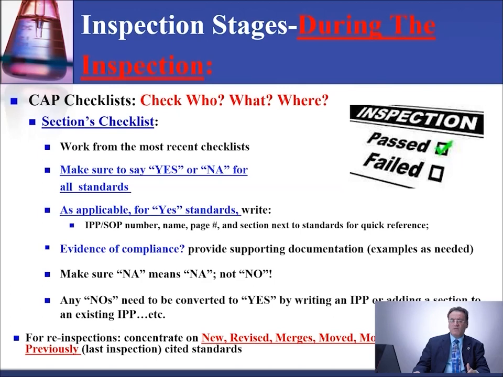Sometimes they move a checklist from like chemistry to the all common or to the lab gen, okay, or from lab gen to all common. So you want to concentrate on new, revised, merged, moved, and the most cited and the previously cited standards for your lab from your last inspection.